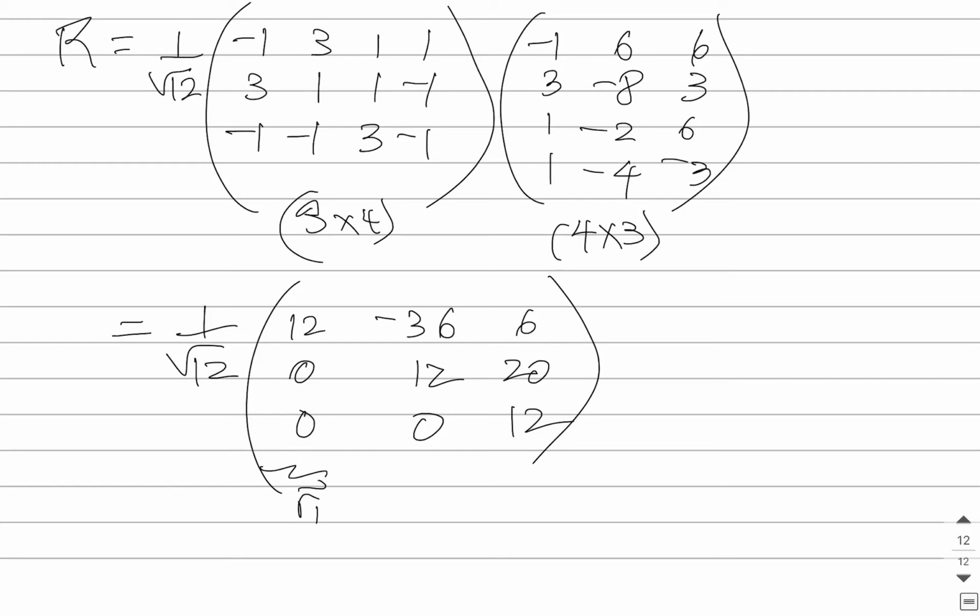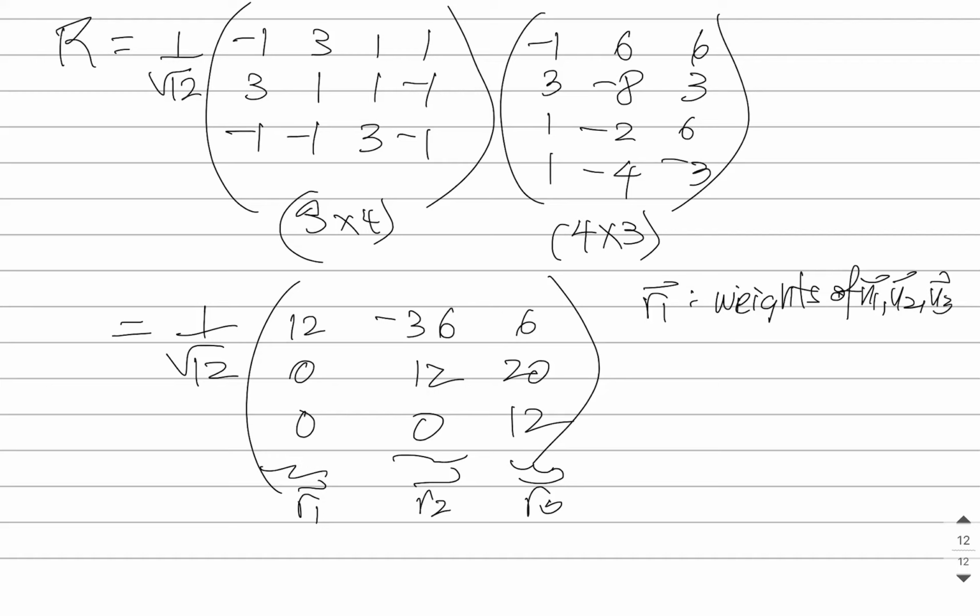This is R1, R2, R3. It's upper triangular, like it has to be, and its columns, what does R1 represent? R1 represents the weights of U1, U2, U3 that have to make A1.